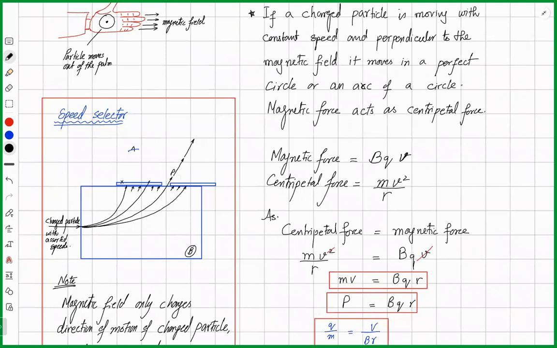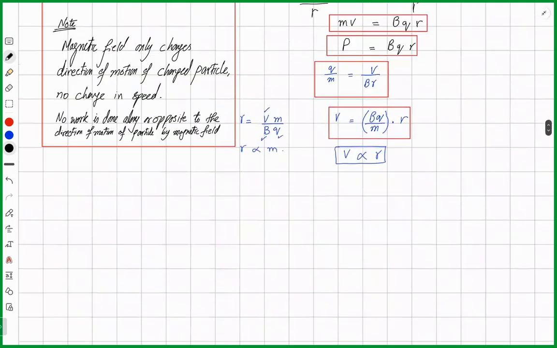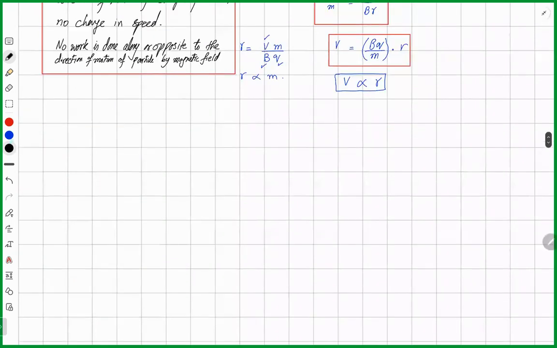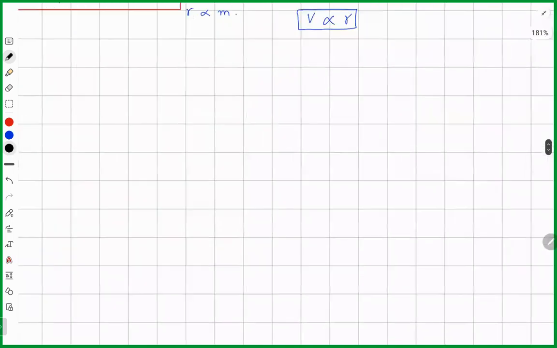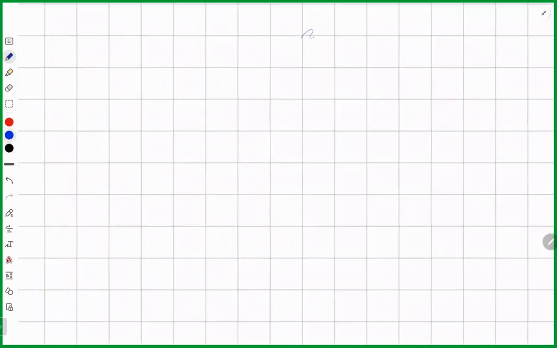Okay, if this is interesting, let's make things more interesting. I have to make a diagram. Stay with me on this one. I will try to be as quick as possible.